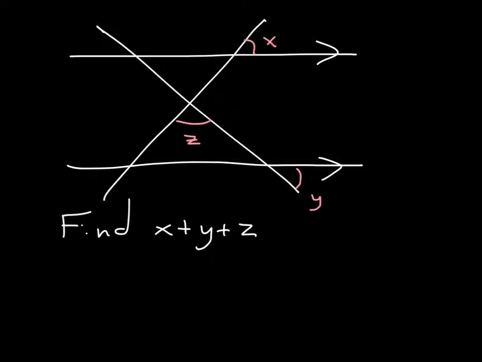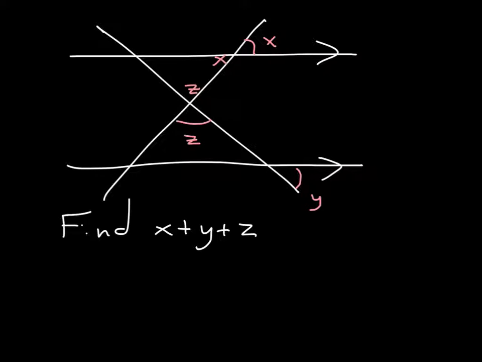Well, we know that by vertical angles, if this angle is z, so is this angle. So we can label that angle z. And again, same thing. Since this angle is the vertical angle of angle x, then this angle also has to have the same measure. So we'll call that x.